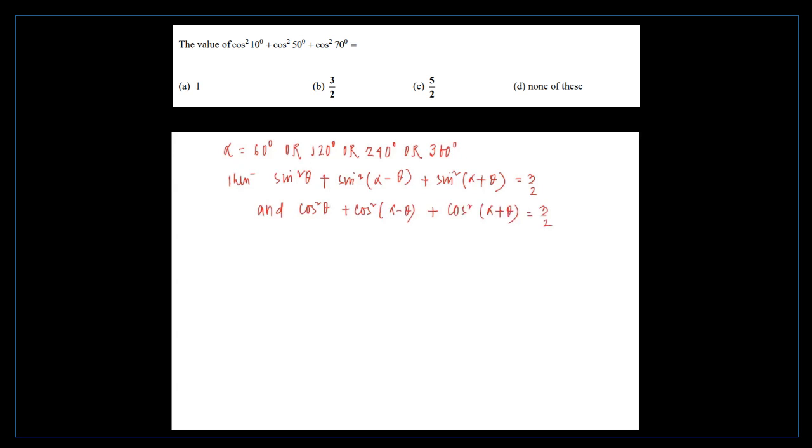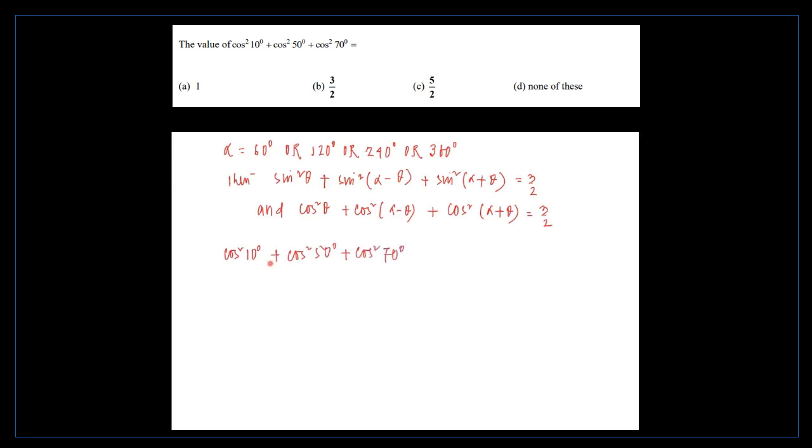Now, this is also a very important expression which you have to keep in mind. Let us take a sum so that we can understand this application easily. We have to find the value of cos square 10 degree plus cos square 50 degree plus cos square 70 degree.